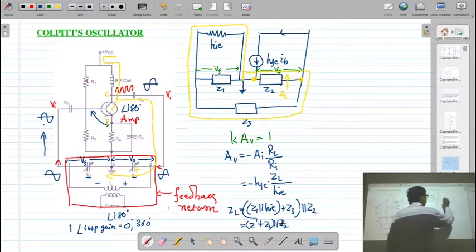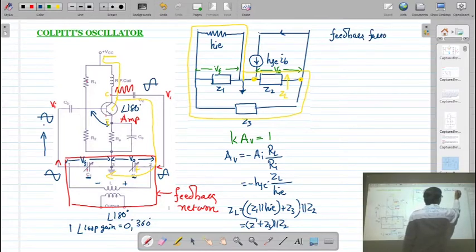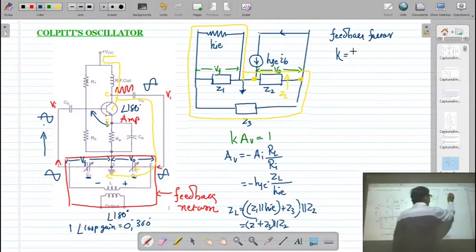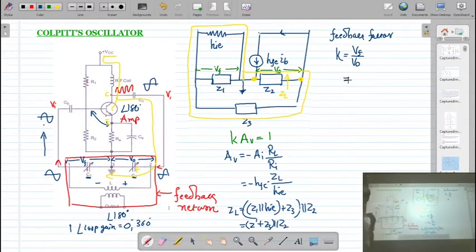And then we have discussed a feedback factor, and that is K. So the feedback factor is the ratio of the feedback voltage to the output voltage, and this thing also we have calculated. So the feedback voltage is across Z1, but here not only across Z1.